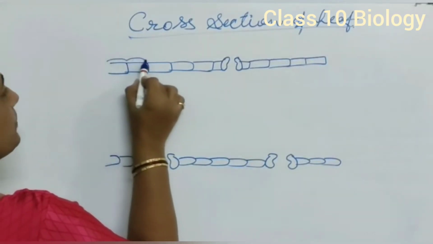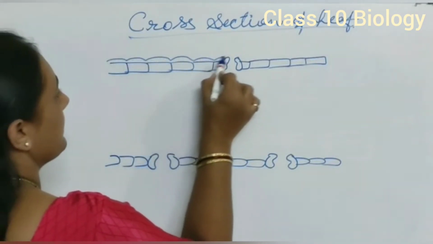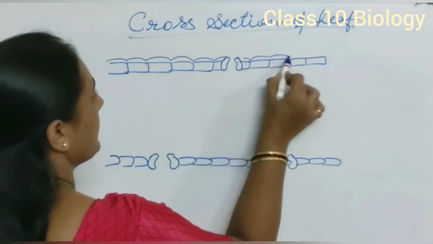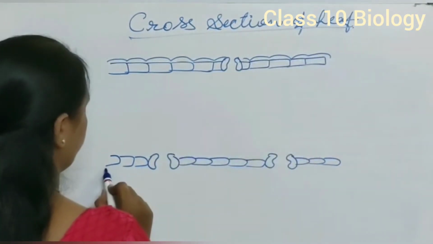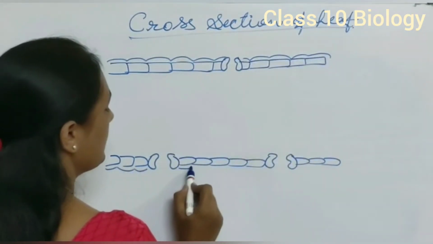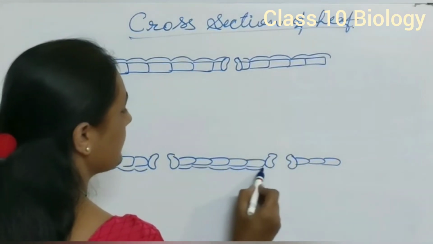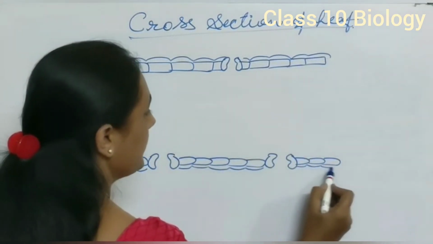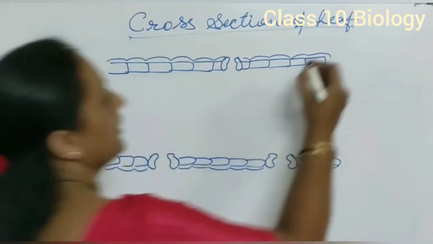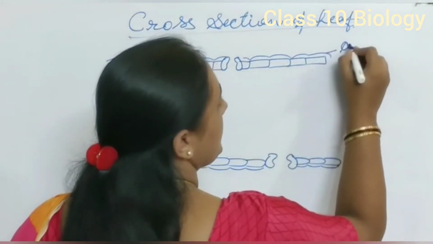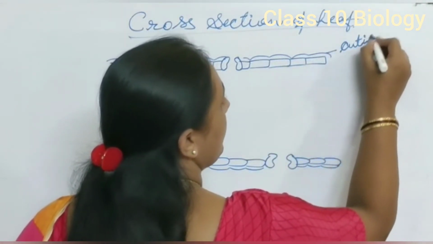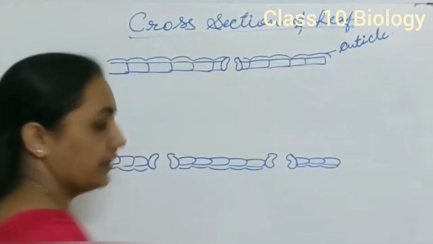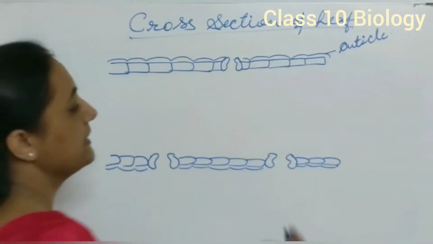Both upper and lower epidermal cells are covered with a thin layer, that is the cuticle. What is the role of this cuticle? Cuticle is very thin and a little bit sticky in nature. The role of cuticle is to prevent excess loss of water from the epidermal cell.